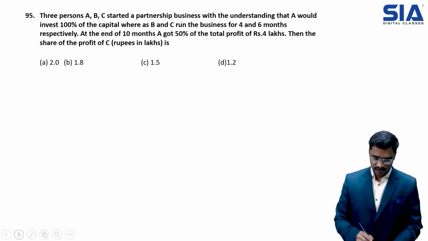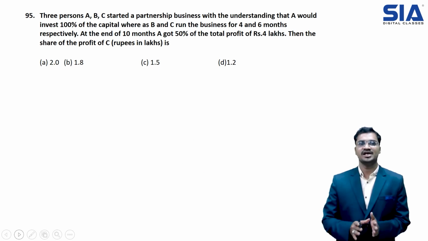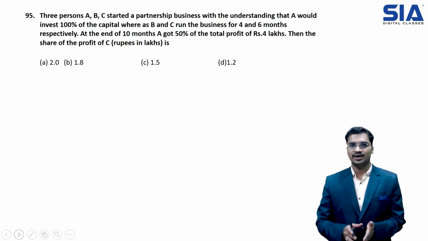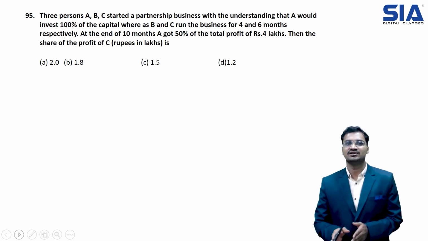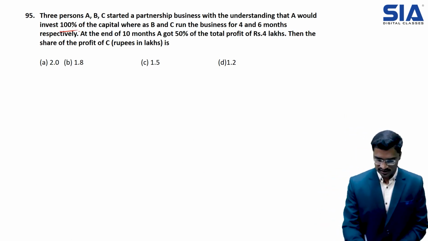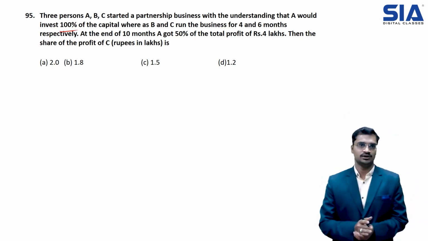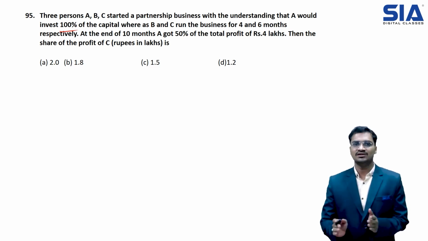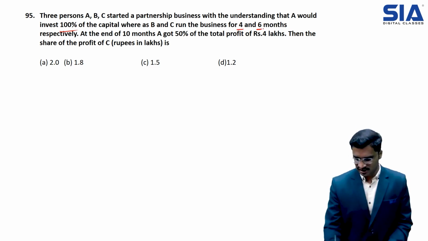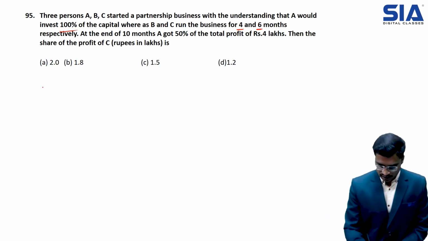Now coming to the next question. Three persons A, B, C entered into a partnership and a business with the understanding that A would invest 100% of the capital. So here A is investing the total capital, where B and C run the business for 4 months and 6 months. So here the time periods for B and C are 4 months and 6 months.